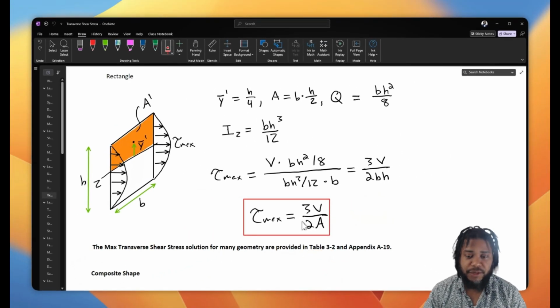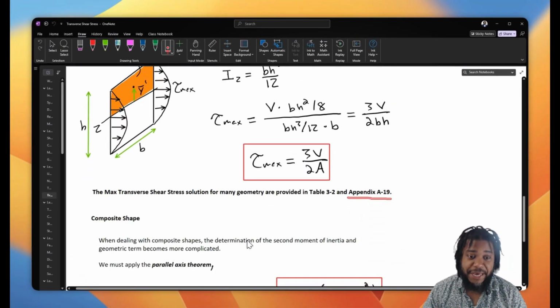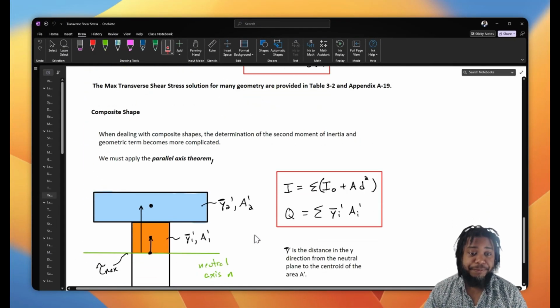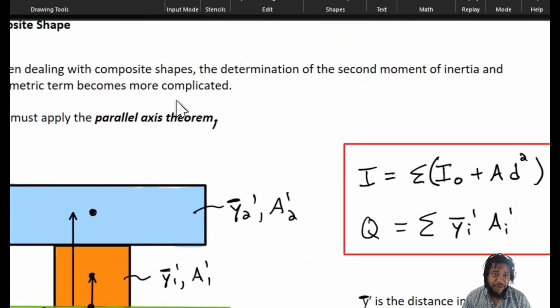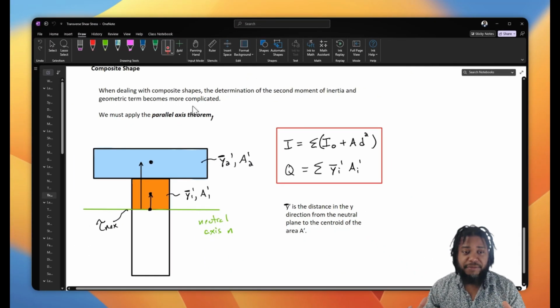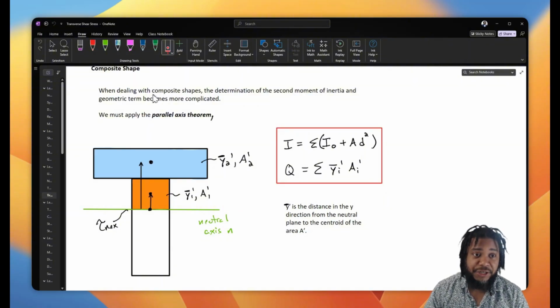Now, in some cases, when we don't have a simple geometry or the geometry isn't given in our appendix, we may have what we can call a composite shape. The composite shape is basically where we have some simple geometries that form something that is more complex, a composite geometry.